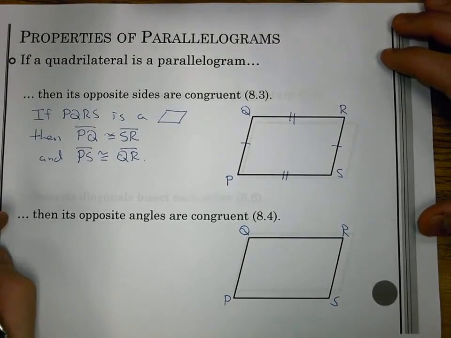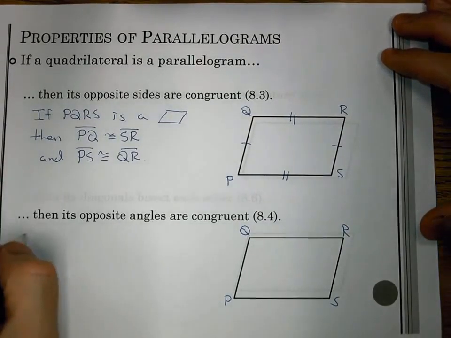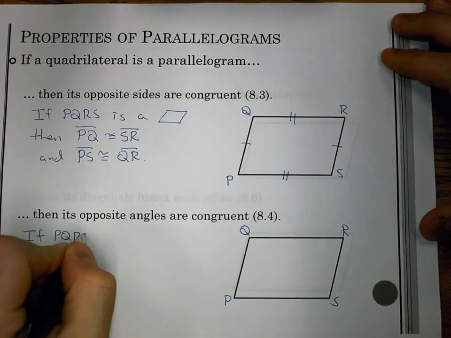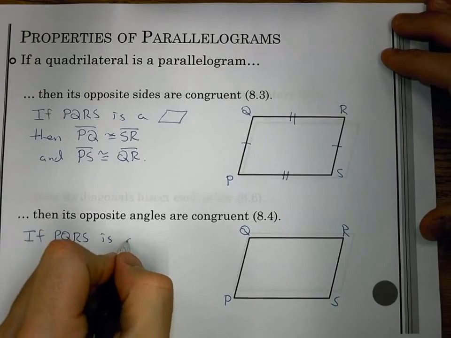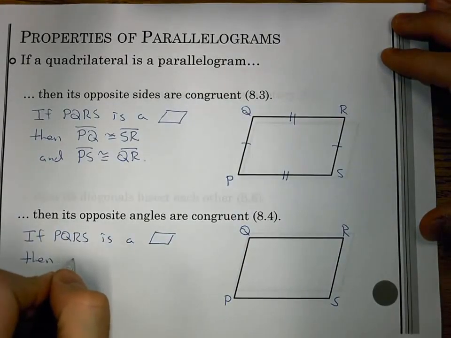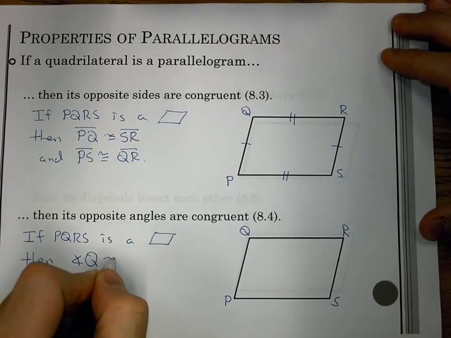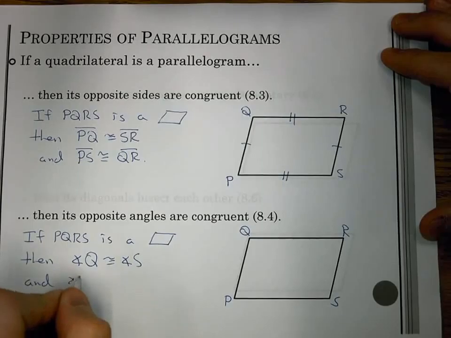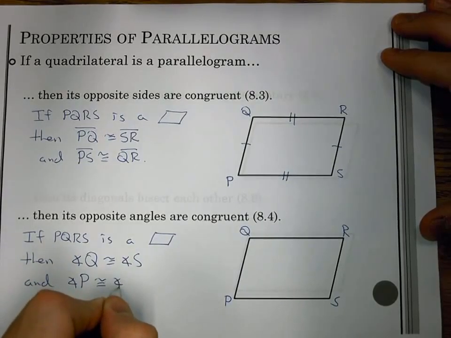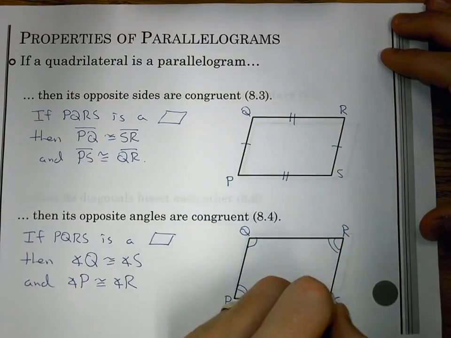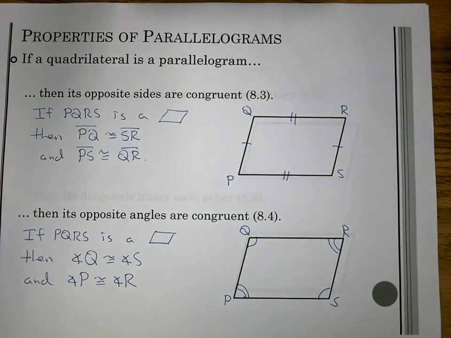Next one, 8.4, is if a quadrilateral is a parallelogram, then its opposite angles are congruent. So, if PQRS is a parallelogram, then now we're going to name the angles. Angle Q is opposite angle S, and angle P is opposite angle R. So those are congruent by our values.